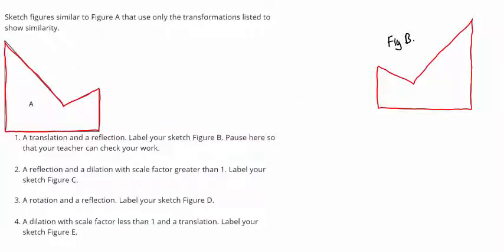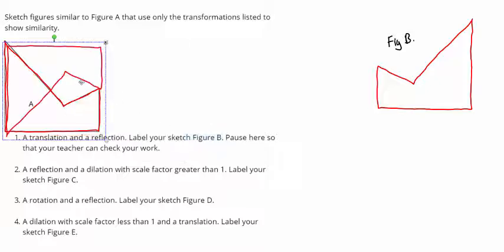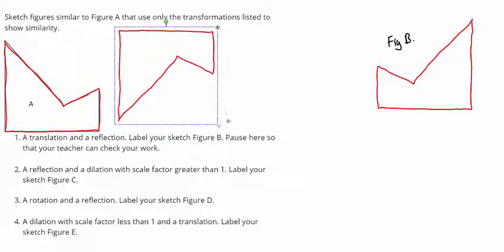So now we're going to do a reflection and a dilation with a scale factor greater than 1. So I am going to first reflect this. And let's do it this way this time. So I reflected it. And since it has a scale factor greater than 1, it's going to get bigger, right?